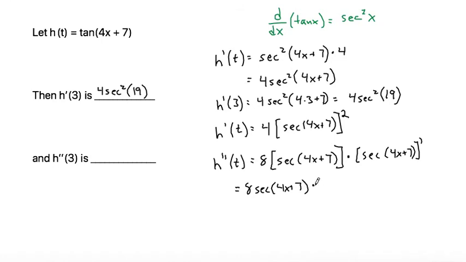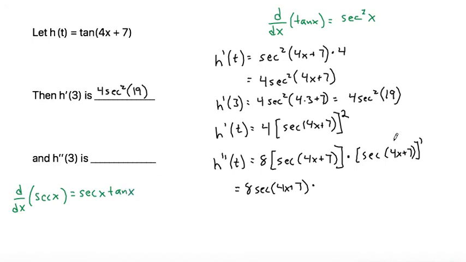And then now we're multiplying by the derivative of secant of 4x plus 7. Now we have another chain rule. So the outside function now is our secant function. So using our formula, let me write it over here, the derivative of the secant function is secant x tan x.